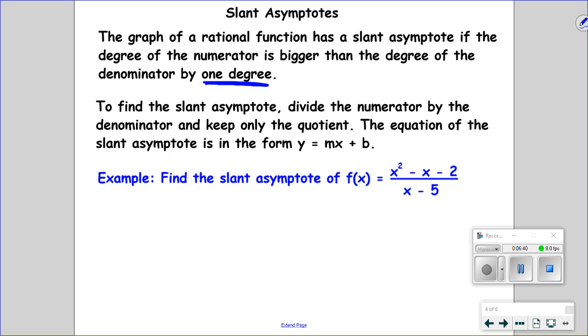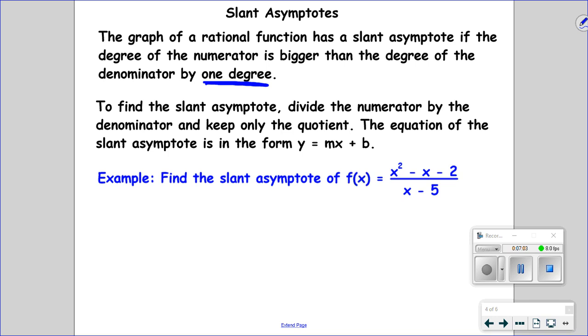Okay? To find the slant asymptote, you divide the numerator by the denominator and keep only the quotient. The equation of the slant asymptote will be in the form y equals mx plus b, which is slope-intercept form.